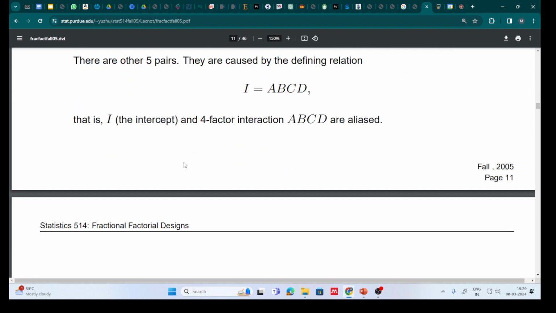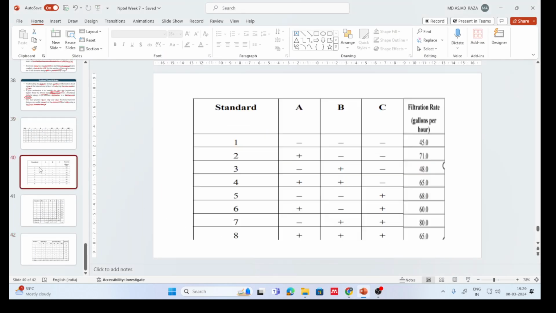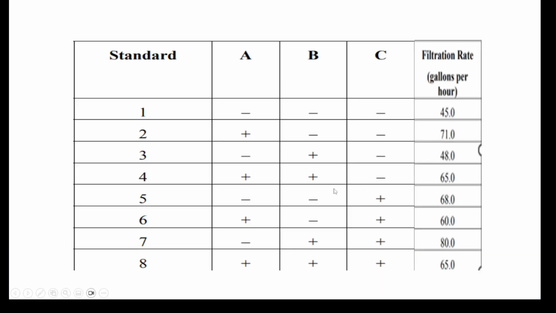So let's do some problem. This is the problem we have. Now I want to get the effect of A, B and C. Can anyone calculate? This problem is without interaction.